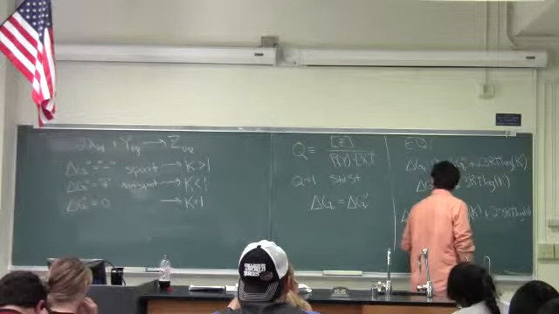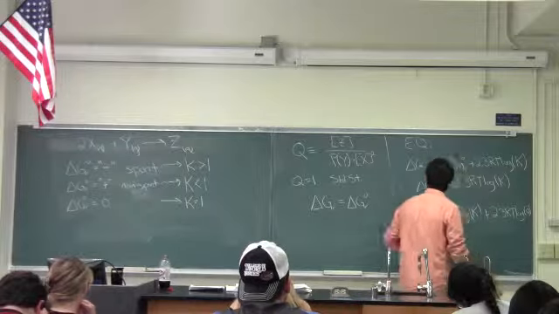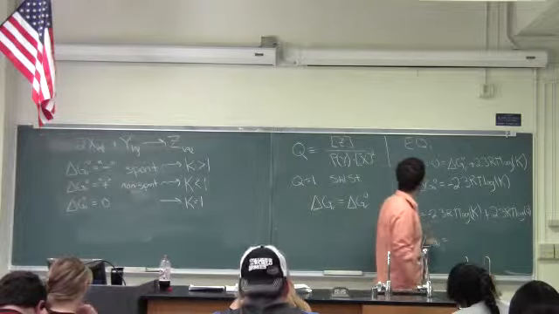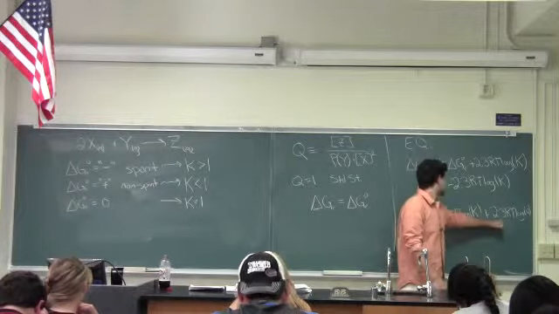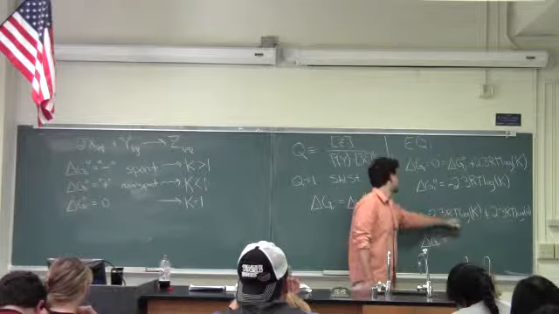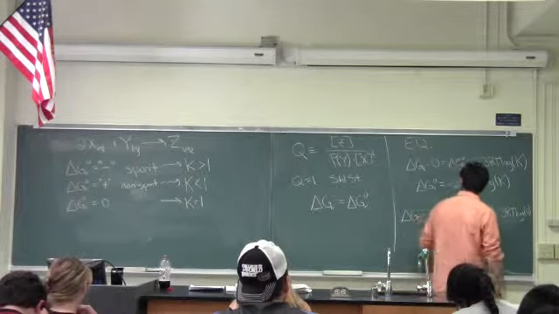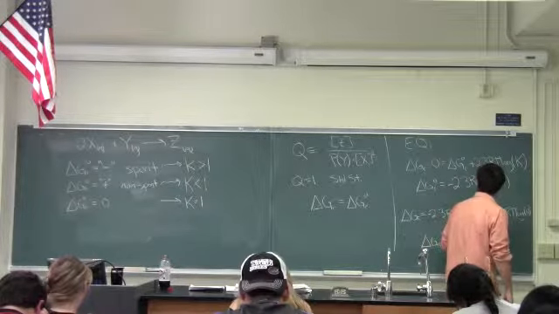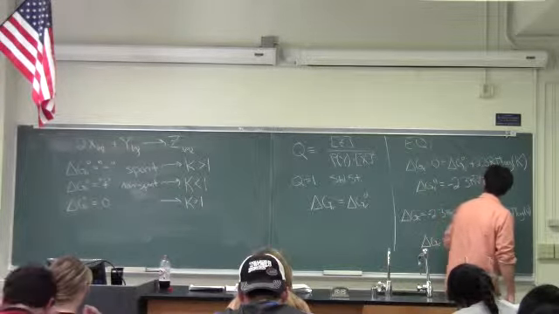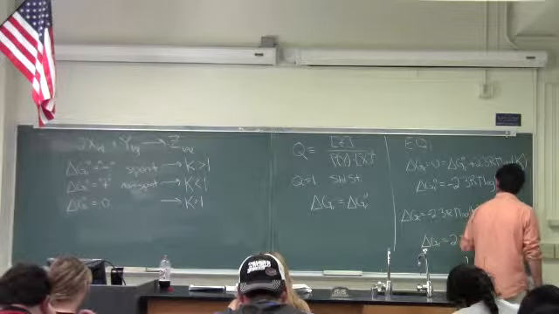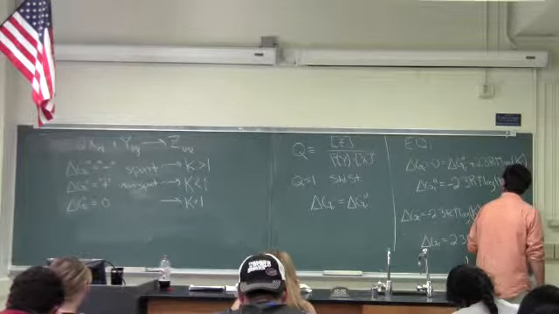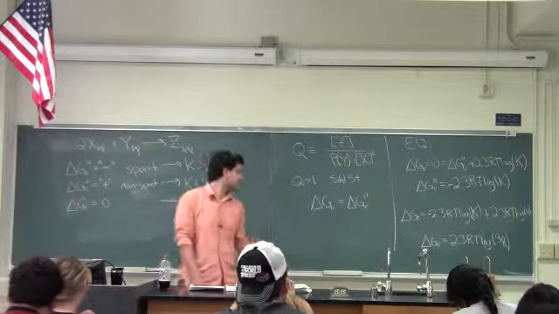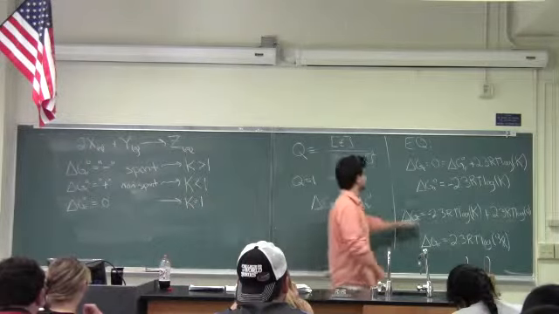So, if you're a little bit more savvy with logs, Dr. Horvath gives it to you in the book. You know that for this entire thing, I can combine my 2.3 RT terms and my log terms to give me 2.3 RT log Q divided by K. That makes it look a little bit smaller, but if you're not comfortable with this, you can use this one, that's fine.